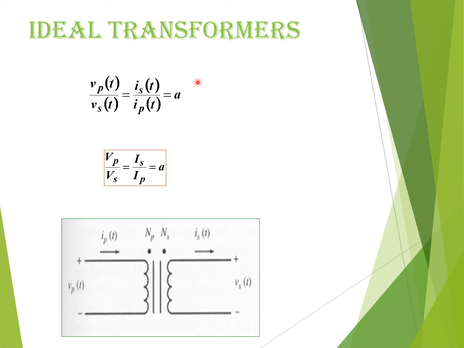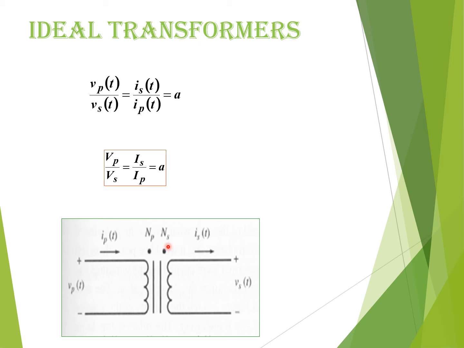So to understand this, we have a diagram. In this symbolic diagram, the primary winding and secondary winding are shown. The core is shown in between the two windings. In this diagram, NP is the number of turns on the primary winding. NS is the number of turns on the secondary winding.